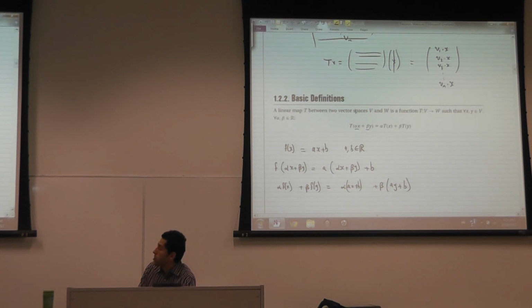So is it a linear operation or not? It's not a linear operation. It's not a linear operator because these two are not equal.